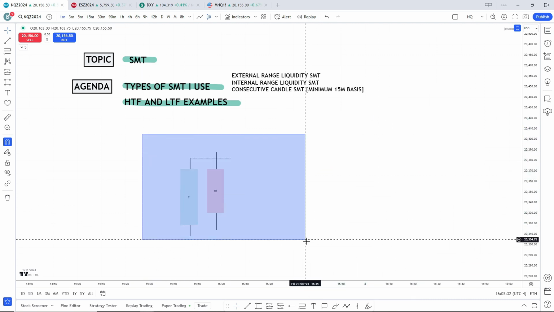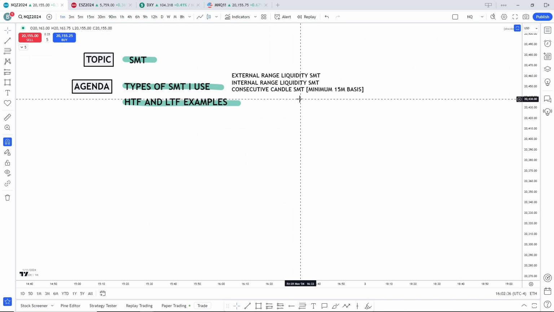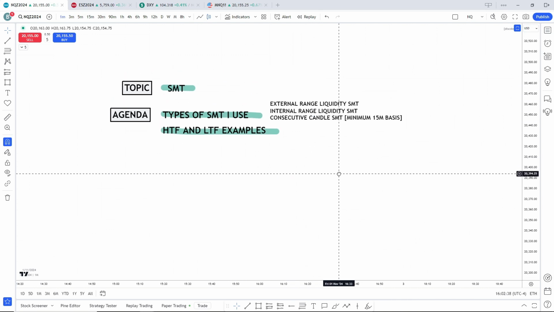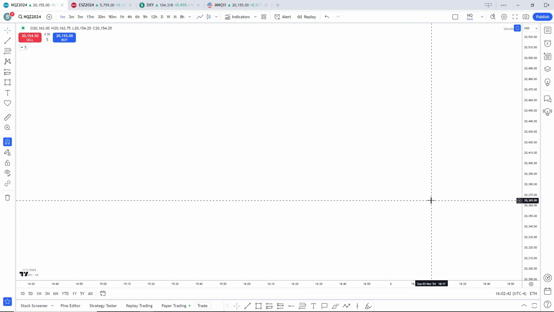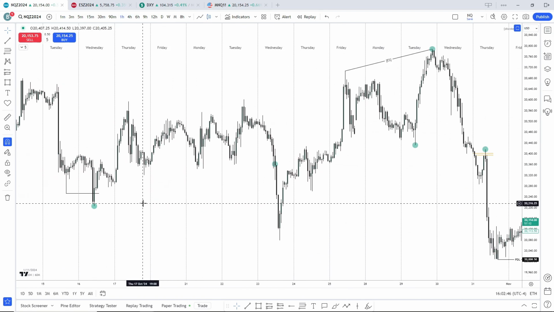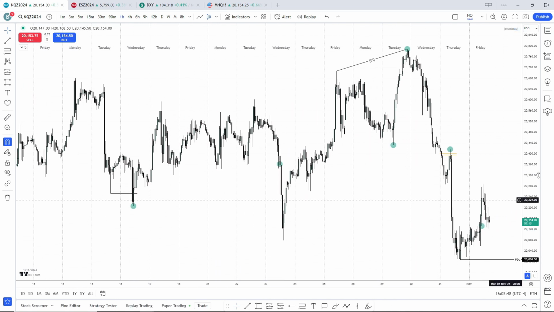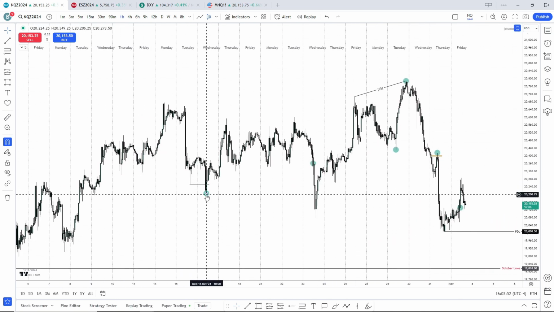Now, if that is clear to you of what the 3 types of SMT I use are, let's dive into some examples, okay? Now, you might notice this is the previous price action on the NQZ 2024 contract.